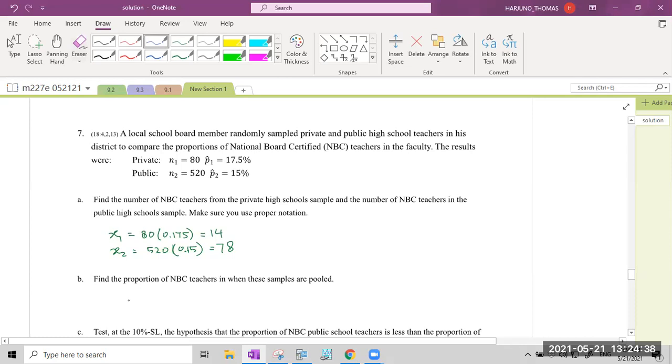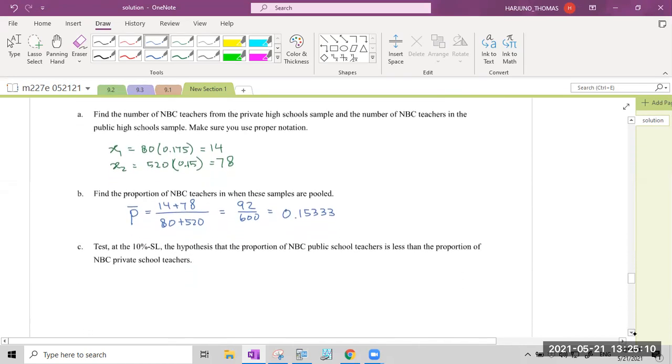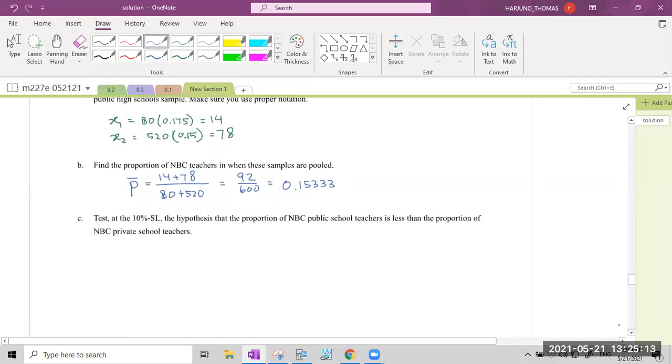So that will be P bar, if these samples are pooled, it will be 14 plus 78 over 80 plus 520. That's 92 over 600. That's 0.15333.